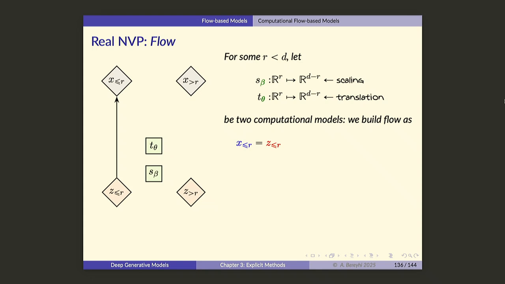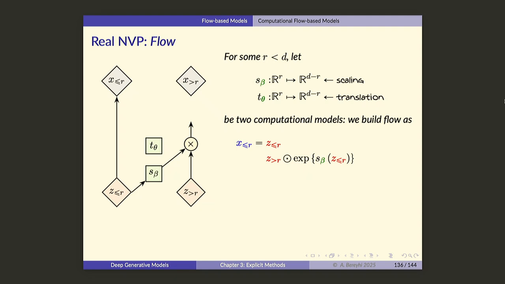Everybody's clear? Okay. So for the second part, the first thing that I'm going to do is pass the first part of z through the scaling network. So I give an r-dimensional input. What's going to come out of this scaling network? What is the dimension of the output? d minus r, right? So I'm going to have d minus r different entries at the output.